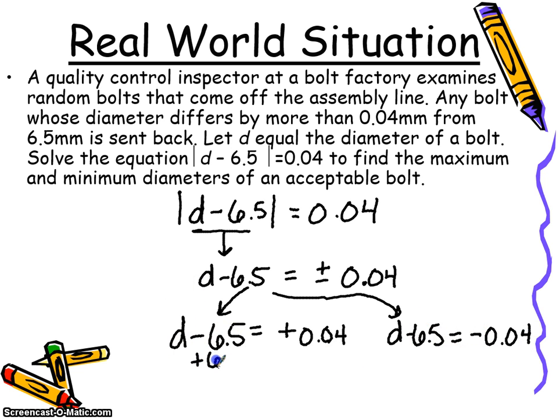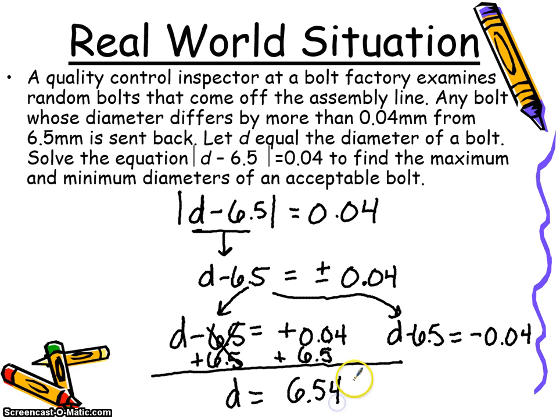Now if we use inverse operations, we'd have to add 6.5. Notice I lined up the decimal points. Negative 6.5 plus 6.5 makes 0, so we get D equals, and then we add those together to get 6.54. This would be the maximum.